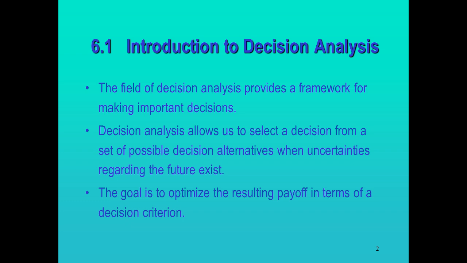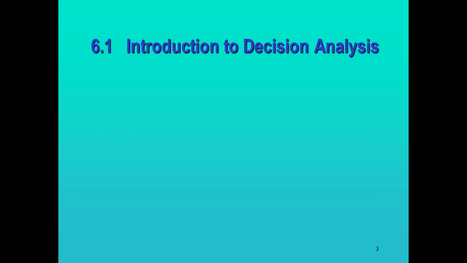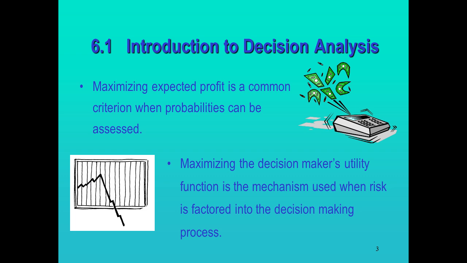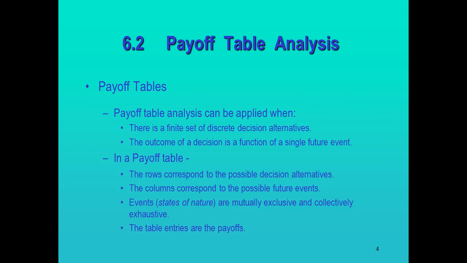Our goal, like our goal in everything we've done so far, is to optimize a result in terms of a way we look at the decision, what we call a decision criteria. You and I may have different views of what is optimal, especially when we make a decision. Maximizing profit is usually good, utility, which is happiness.